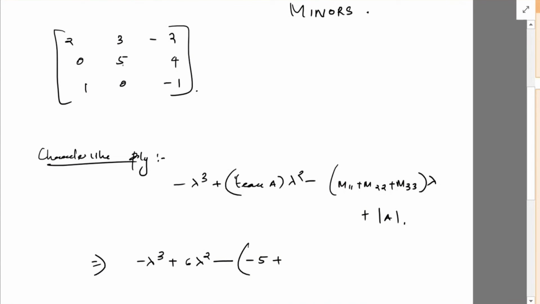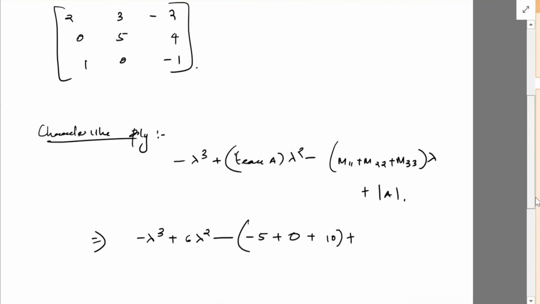M22 means delete the second row and second column and take the determinant, which will be minus 2 plus 2, which is 0. And what is M33? That is 10. Plus determinant.